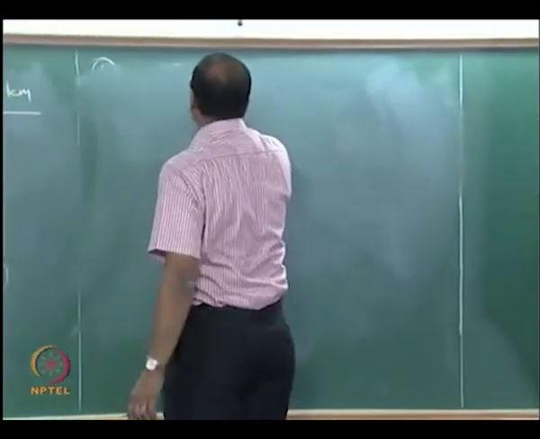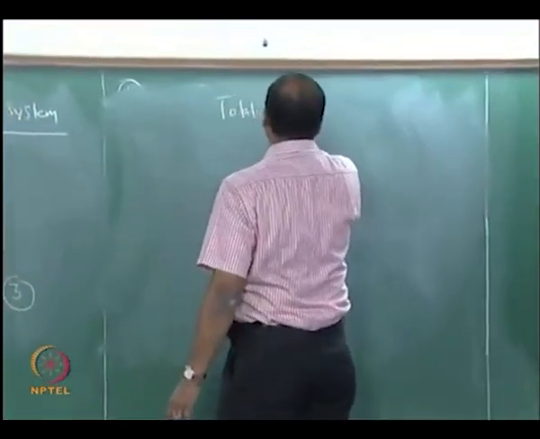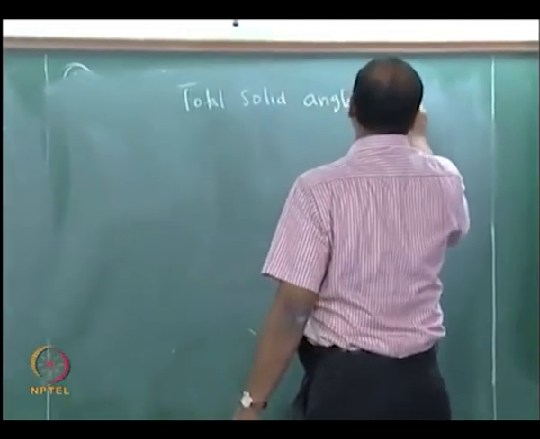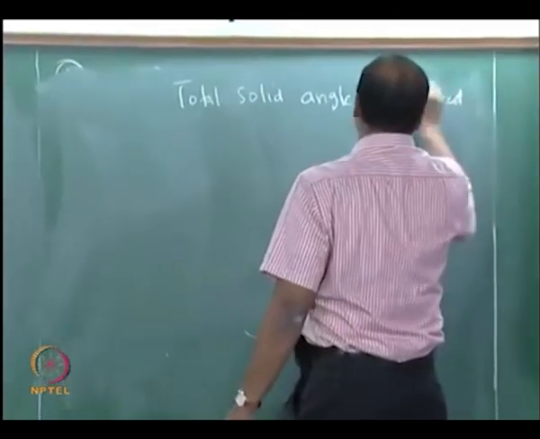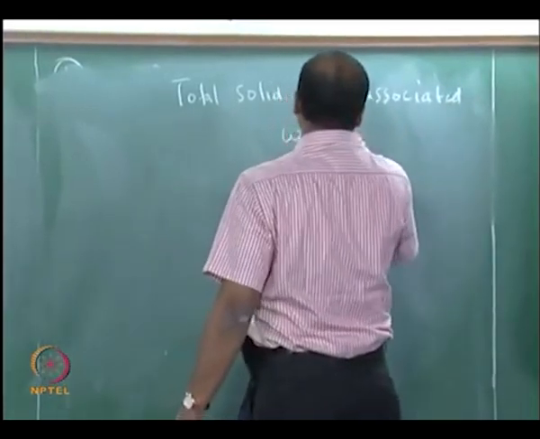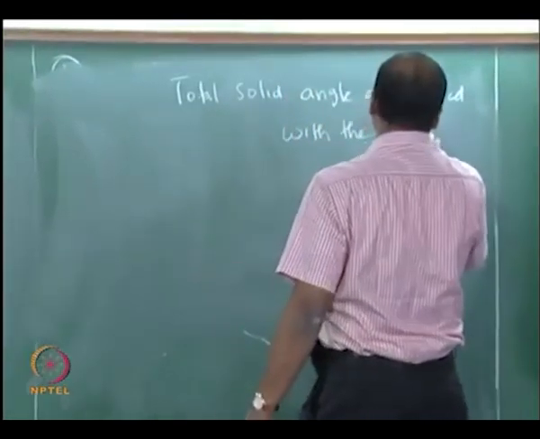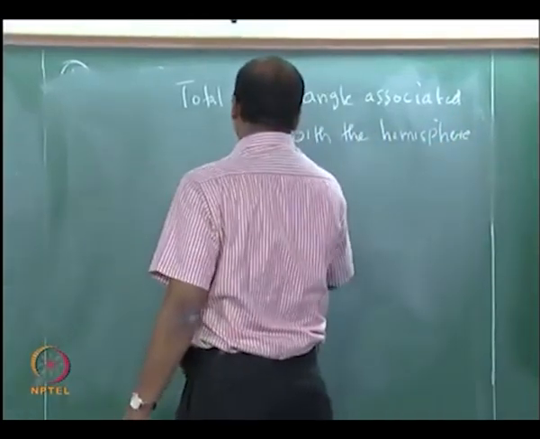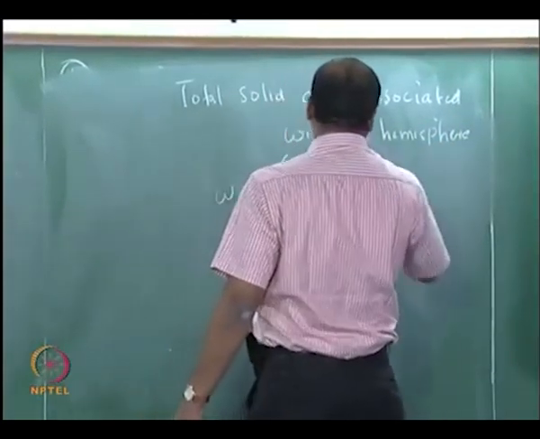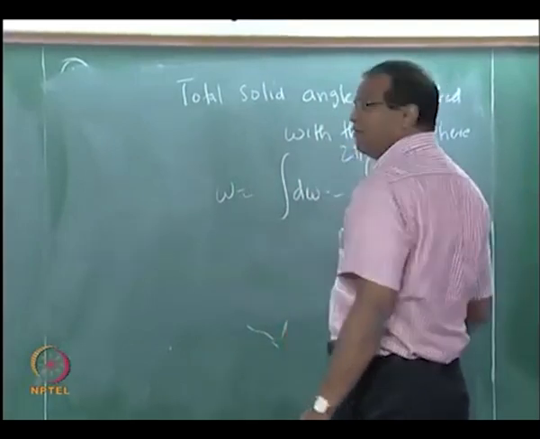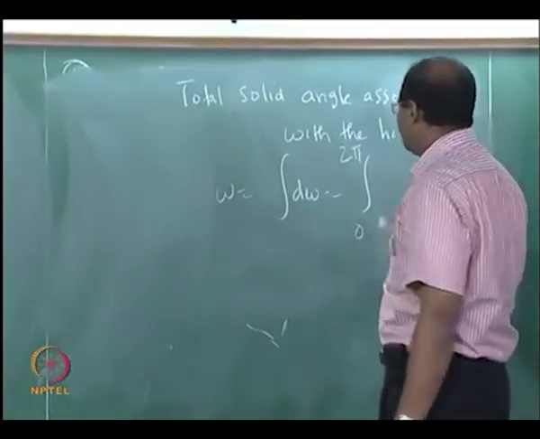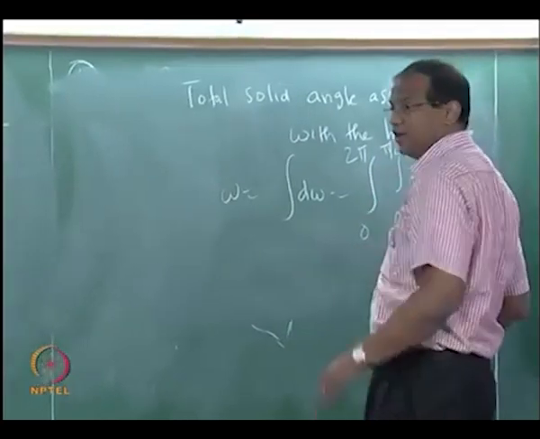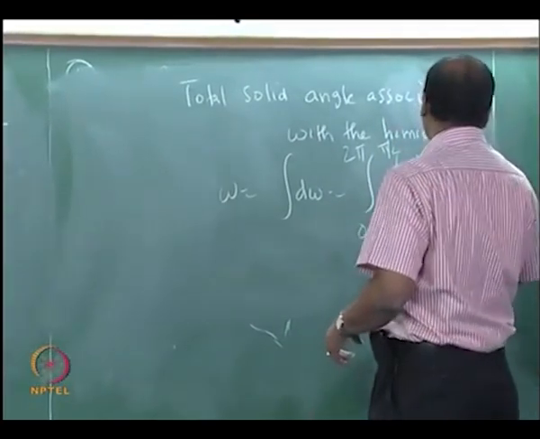Total solid angle: so the phi will vary from 0 to 2 pi and theta will vary from 0 to pi by 2, sorry, hemisphere is pi by 2, sin theta d theta d phi.